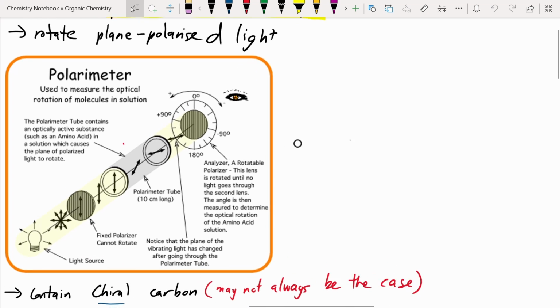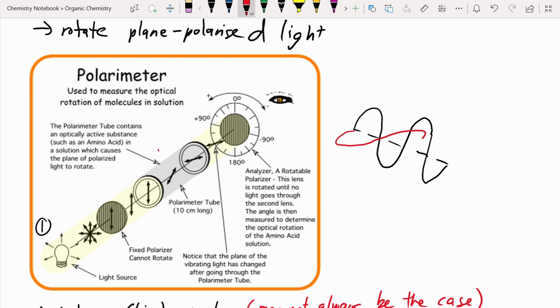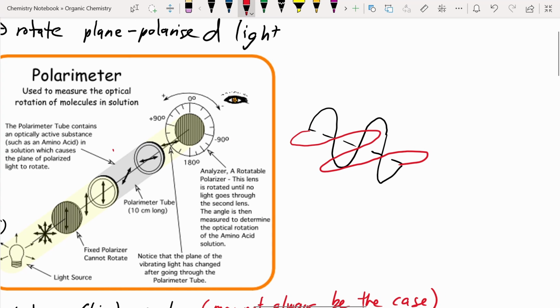So what plane polarized light means is that notice how light travels in all different directions. So light exists as a wave, and I'm gonna draw out light waves.